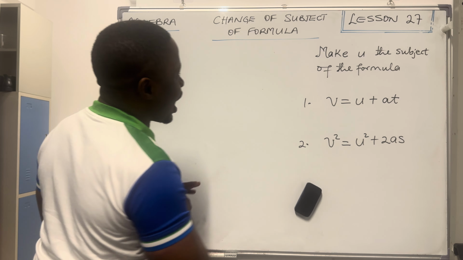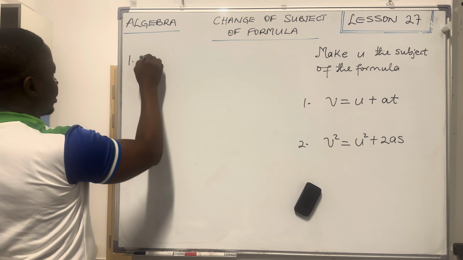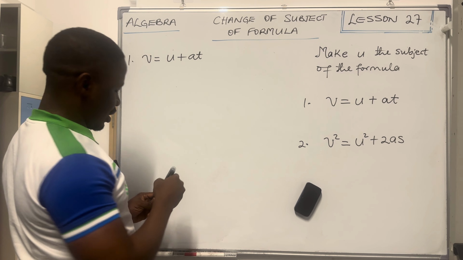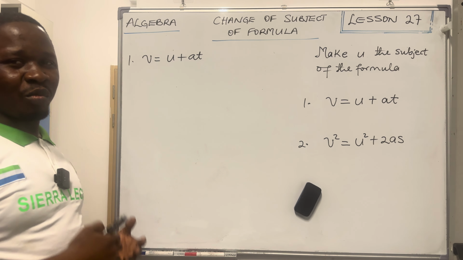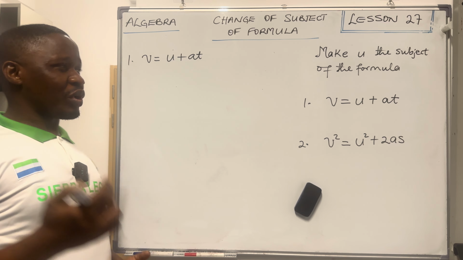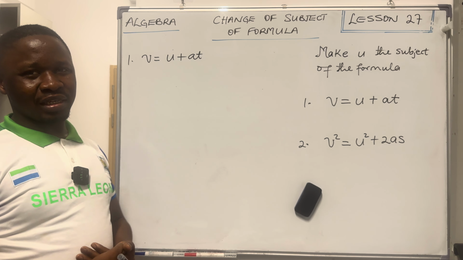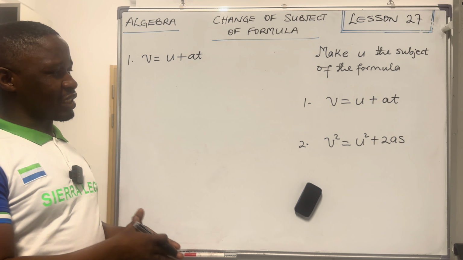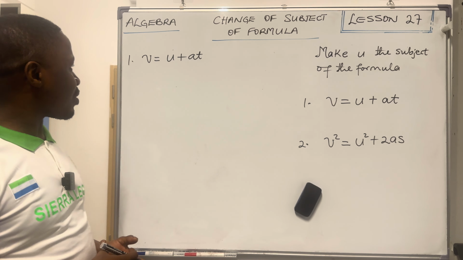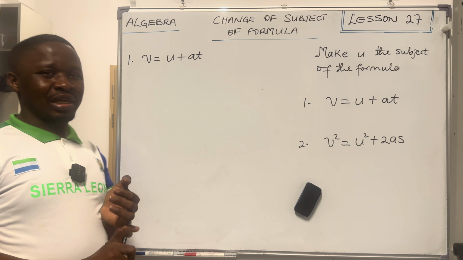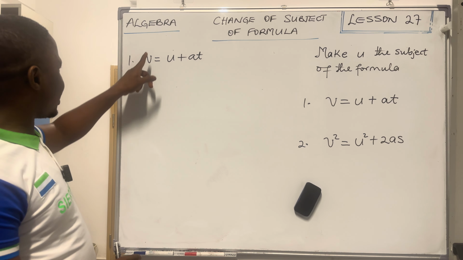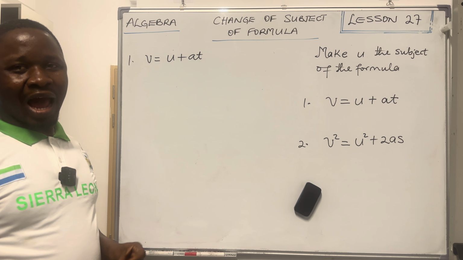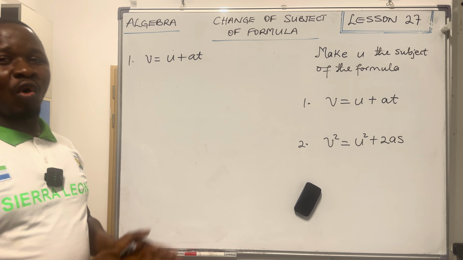Now we have the first one, which says V equal to U plus AT. Before I tell you, from what I have explained, which one do you think is the subject here? The subject is V. Why? Because the power of V is 1, the coefficient is 1, and it is standing alone on the left.